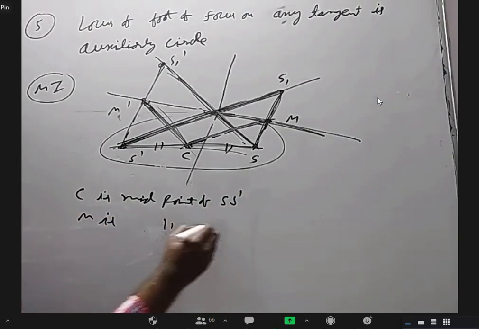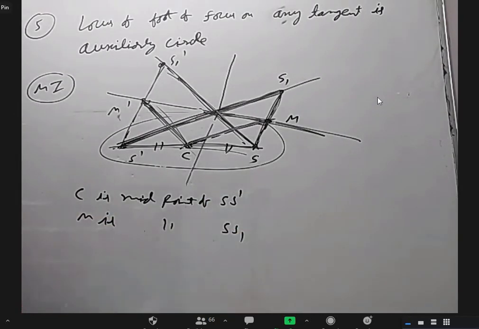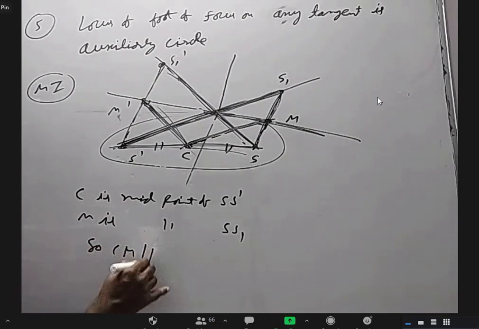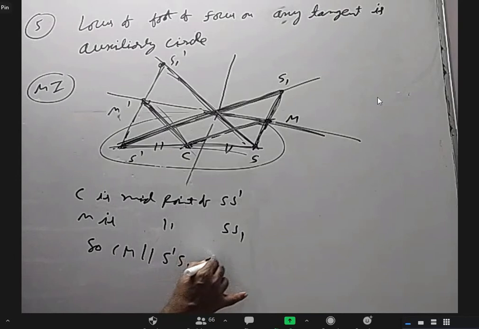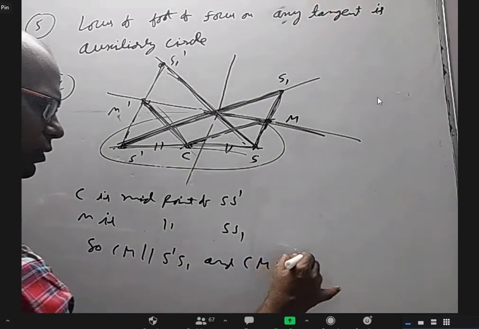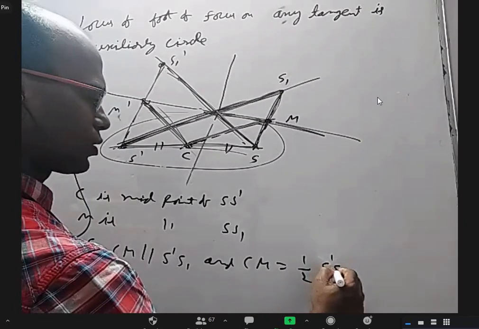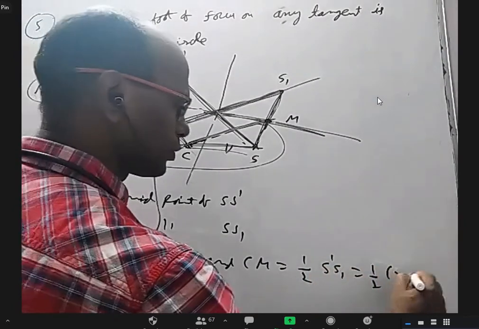M is the midpoint of SS1. So CM is parallel to S dash S1 and CM is equal to half of S dash S1, which is half of 2a, which is equal to a.